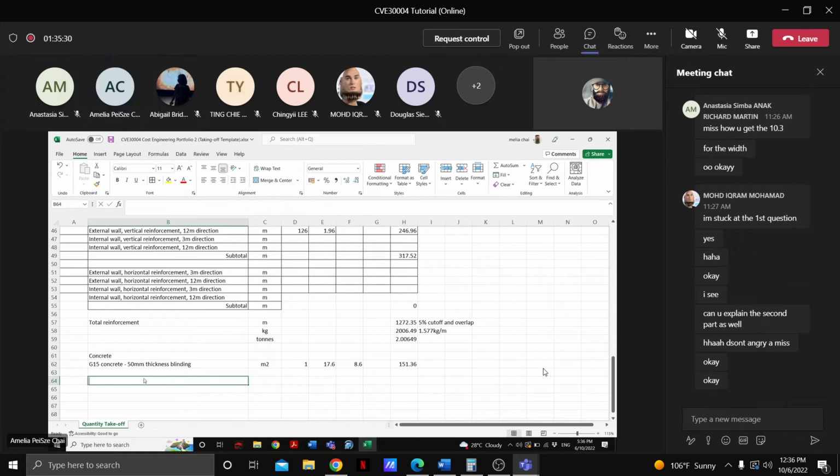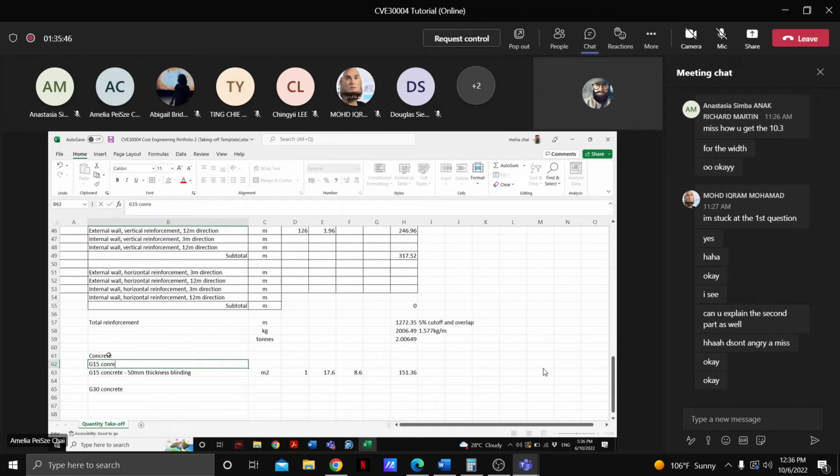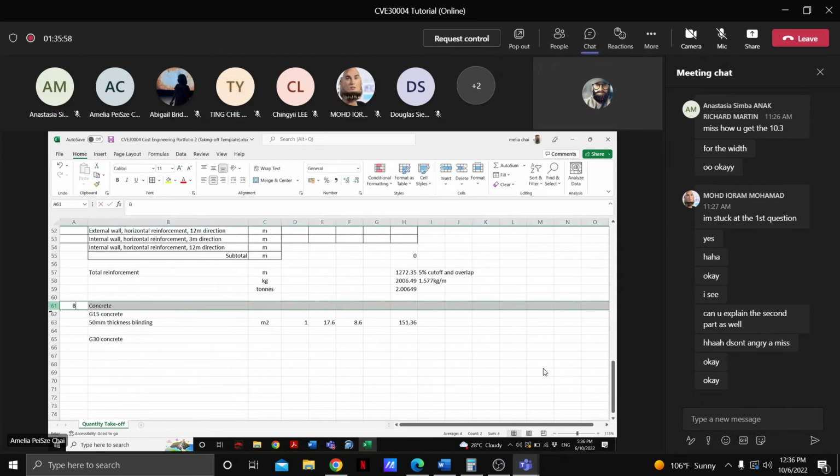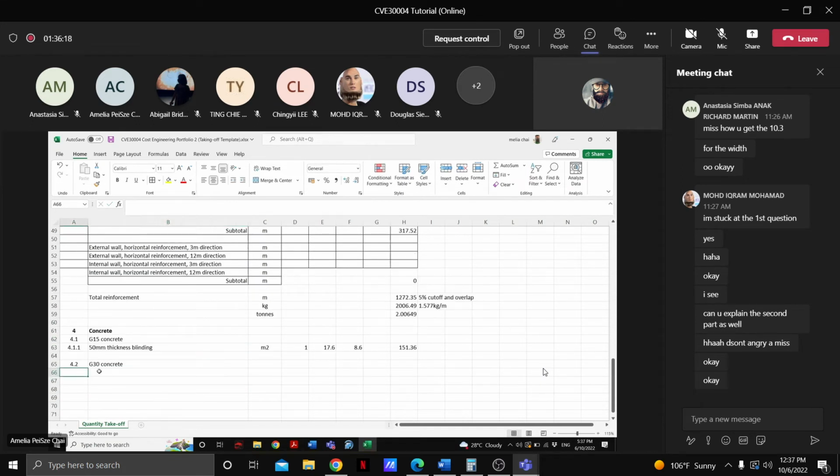Then you have your G30 concrete, for the base.